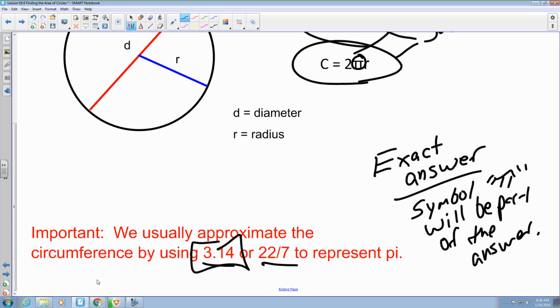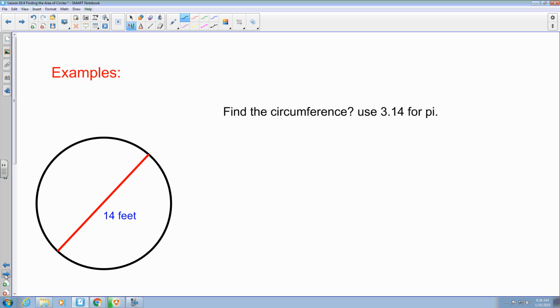Okay, so let's take a look at some examples. So right here, they gave us the diameter. We know because from one endpoint to the other, they're telling us that it's 14 feet. So the diameter is 14. We want to find the circumference. They're looking for an approximation because they're asking you to use 3.14 to represent pi.